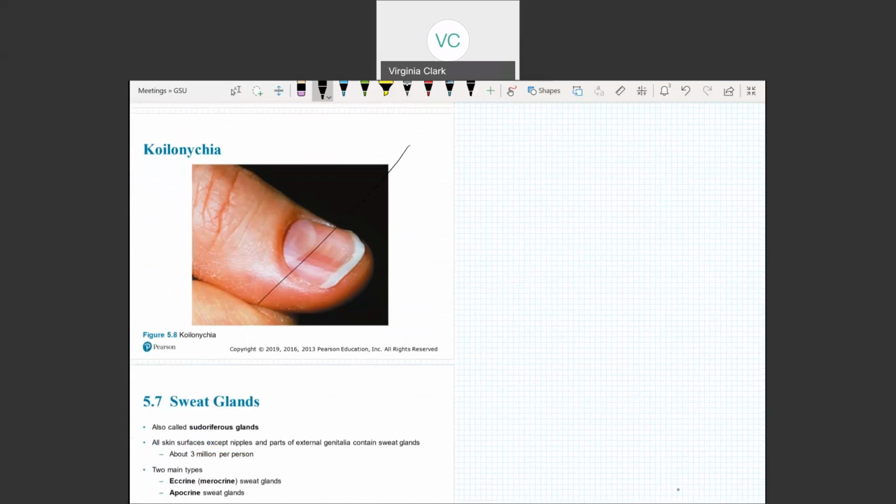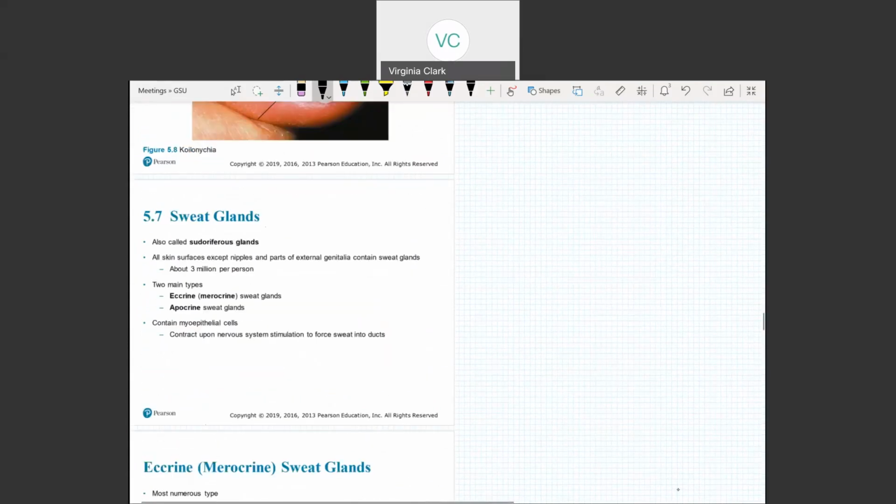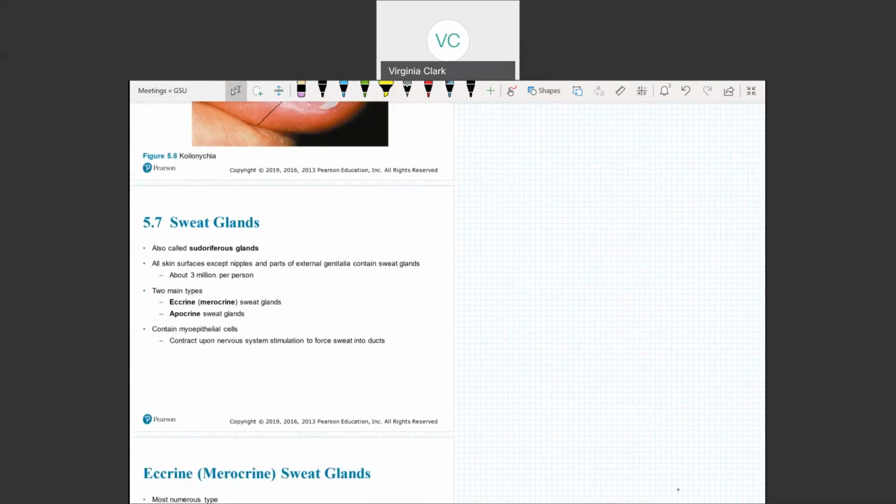So we're going to move on to 5.7 and talk about sweat glands. We have already briefly talked about this in previous chapters when we talked about our glands in chapter 4. So we're going to talk about a couple different types of sweat glands. All skin surface, except for specific areas, which are nipples and external genitalia, will have sweat glands.